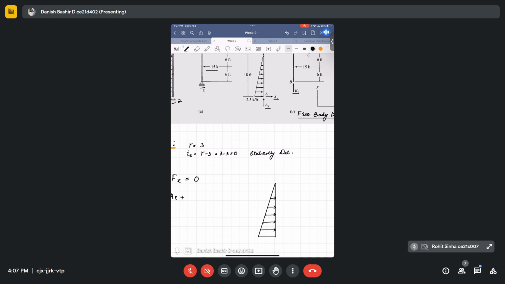It was 2.5 kilonewton per meter at the end side, and the total span is 18 meter.